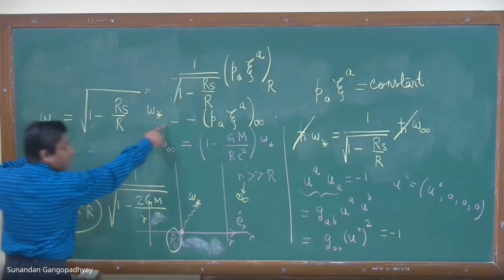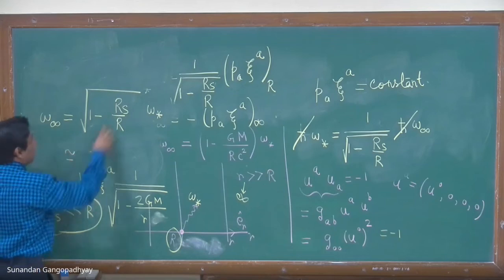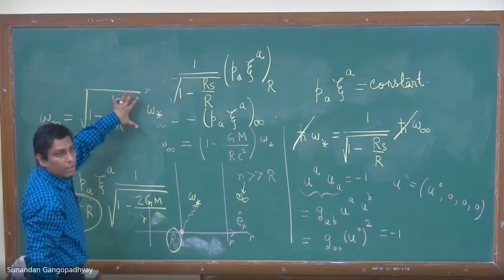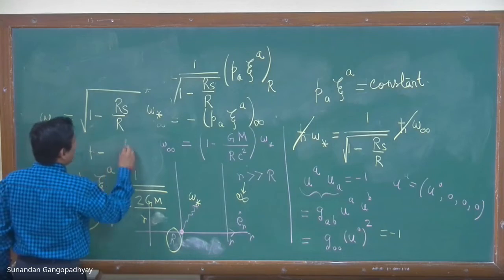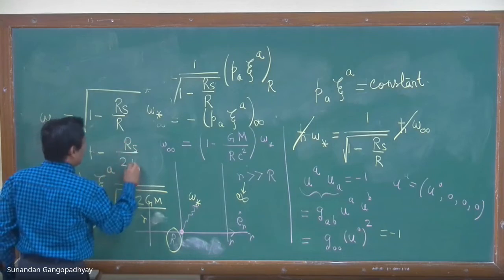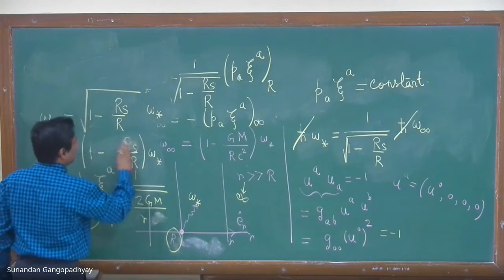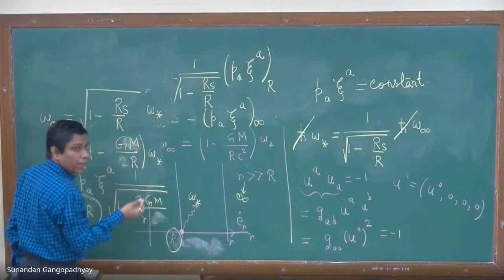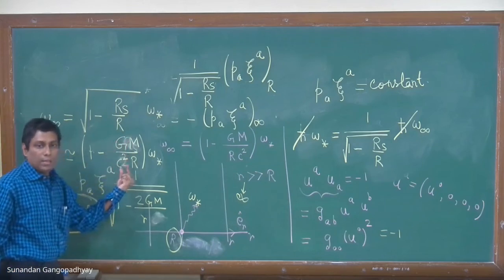So this is the exact relation following from the Schwarzschild geometry. And now, Rs by capital R is very small, right? Because this is 3 kilometers and this is 1000 kilometers. So you can make a binomial expansion, and therefore you will get Rs by 2R times omega star, and if you put what Rs is, and you can now restore back c square from dimensional consideration, because GM by c square has the dimension of length.